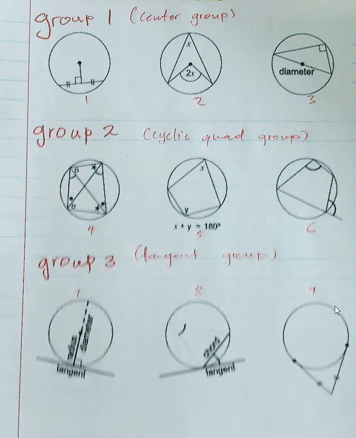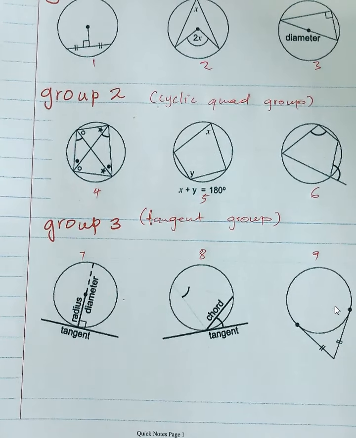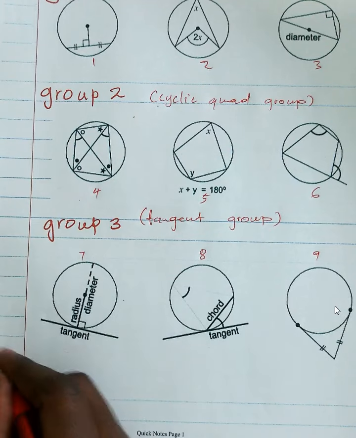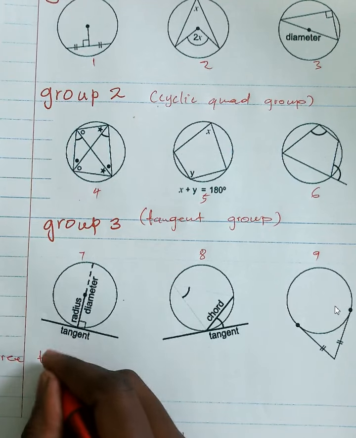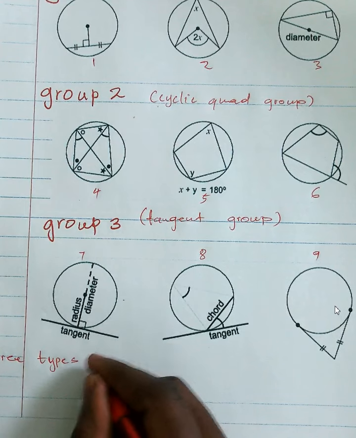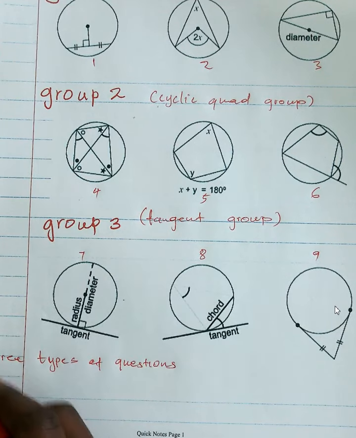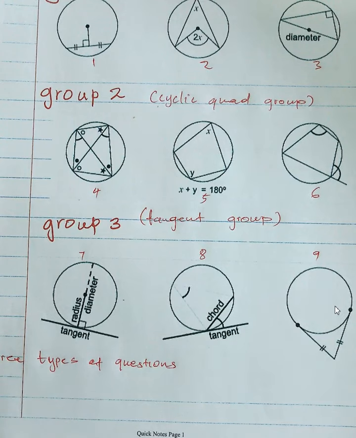Not only having 3 groups, we also have 3 types of questions that we need to expect in our exam paper. The first type, not question number 1, type number 1 is going to be numerical.